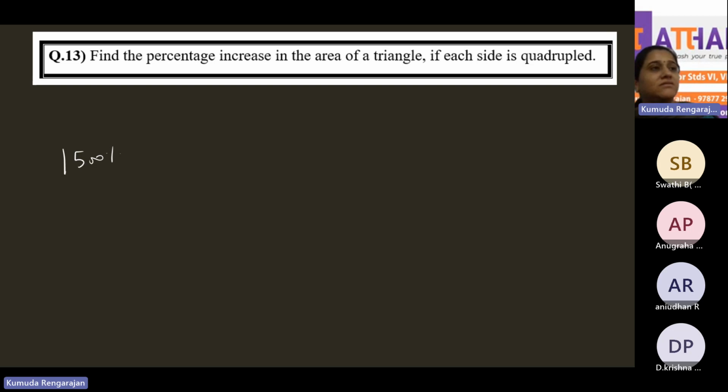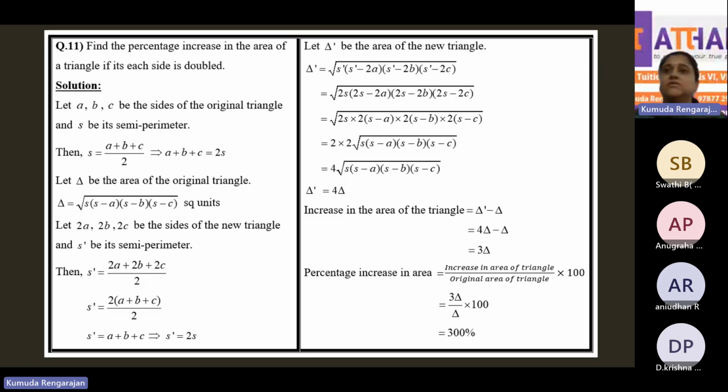Let ABC be the sides, let S be the semi-perimeter of the original triangle, let delta be the area, all that exactly like this, what you see here, no? She's practiced. So it's a practice now. She's already practiced like this. She's got the right answer with all the steps perfect like this. That is what is expected.